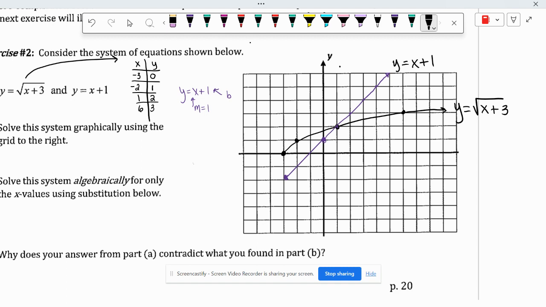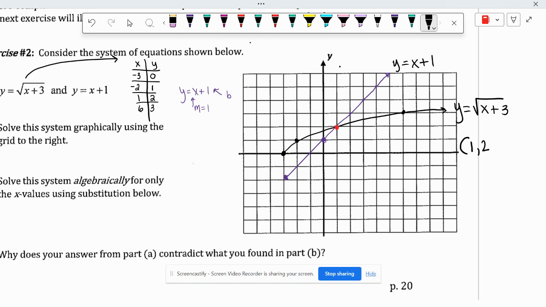So think about when you learned about systems, where those two graphs intersect, the point where the two graphs meet is called the what? It's the solution. The solution to the system.